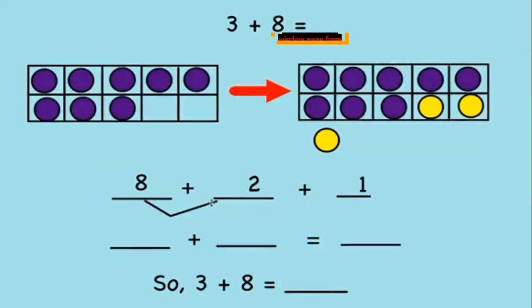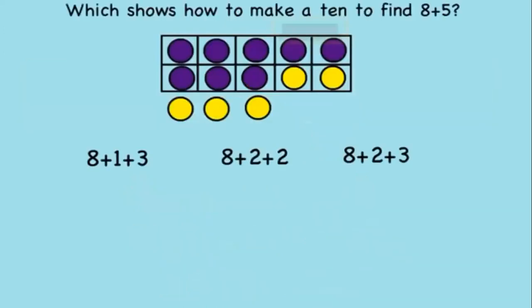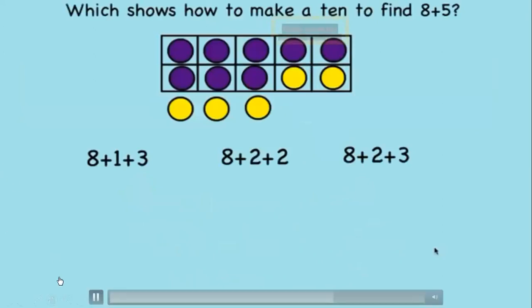I see my lines again, so I need to add the 8 plus 2 to get 10. Don't forget the 1 left over, so 10 plus 1 is 11. 3 plus 8 is 11. Here's a different way to look at it. This time they gave us the 10 frame. So now we know how we make 10 and then we add.